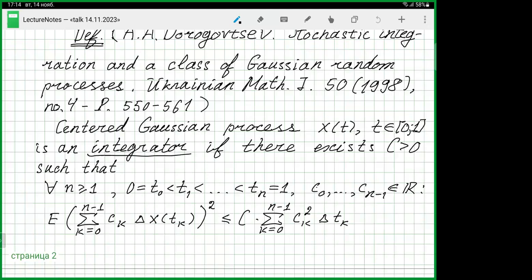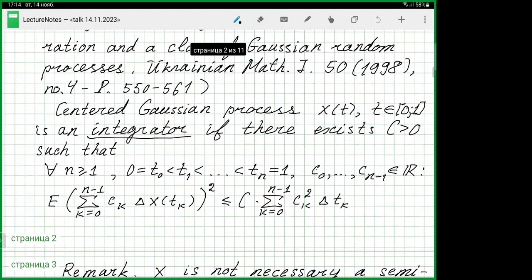But now we require this inequality only for deterministic step functions, and it was checked in those articles which I mentioned that in this case the process X can even be a non-semimartingale, so it can have no quadratic variation. Okay, so this is a sufficiently wide class of integrators.